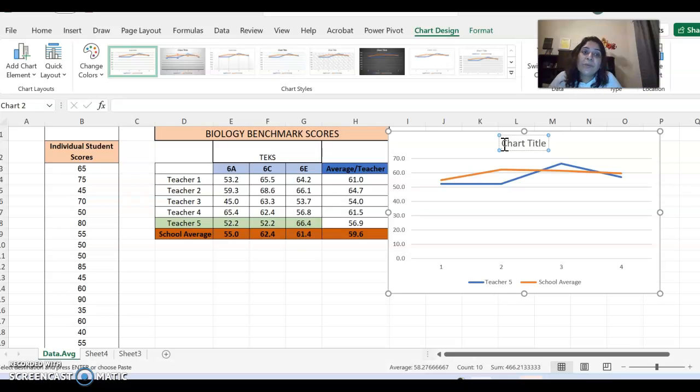So the comparison between certified teachers and long-term substitutes is as follows. There were 2 TEKS areas where the long-term substitute teacher's students suffered a little bit. However, there was one TEKS where her students performed even higher than the school average.